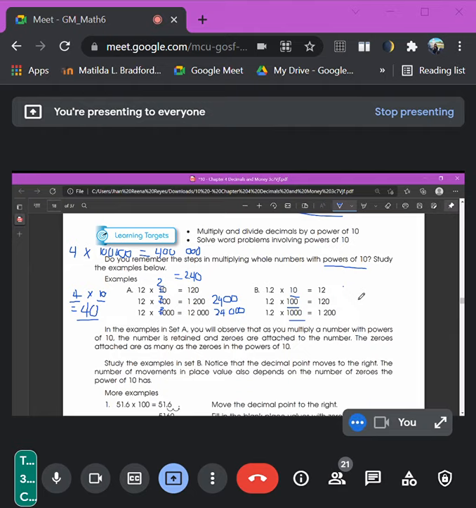For example, this 1.2: you make this a whole number by moving the decimal, so it will be equivalent to 12. And then for the 10, you also move a decimal place.